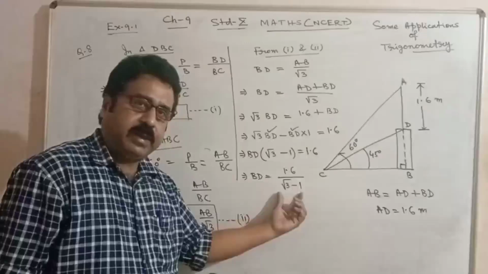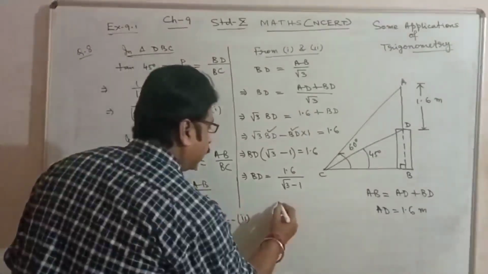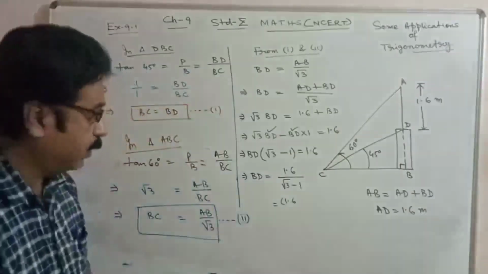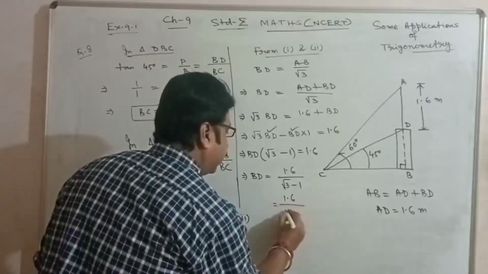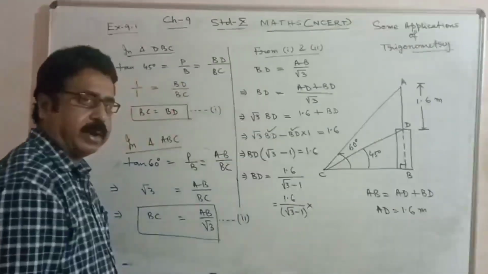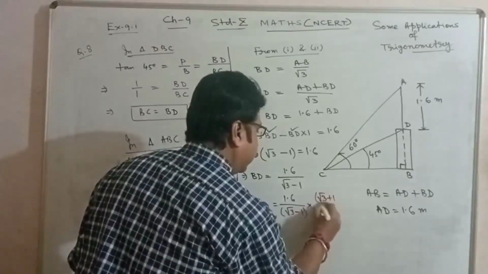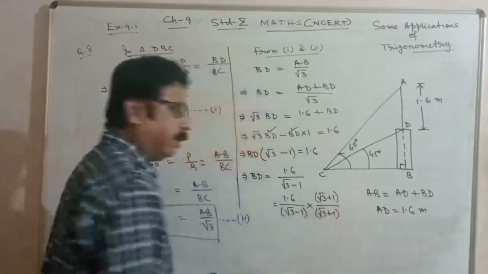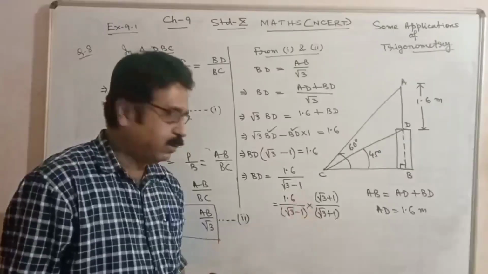Now we have to rationalize this part. 1.6 upon root 3 minus 1. We can multiply up and down, means numerator and denominator, by root 3 plus 1. Now it is a plus b, it is a minus b, means a square minus b square.